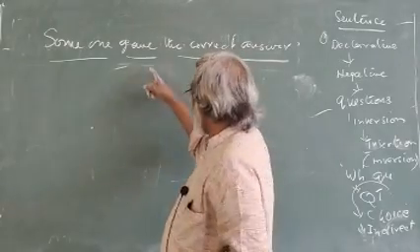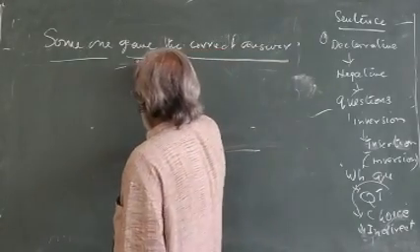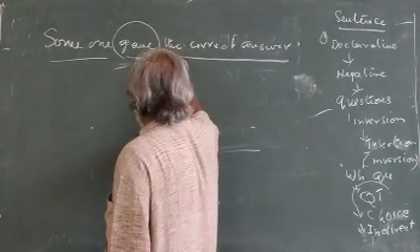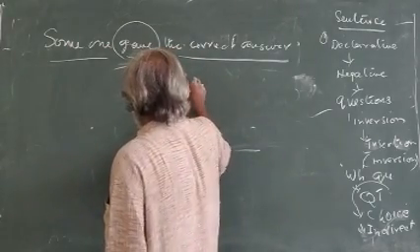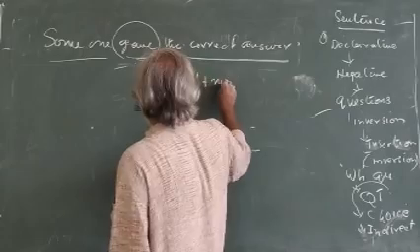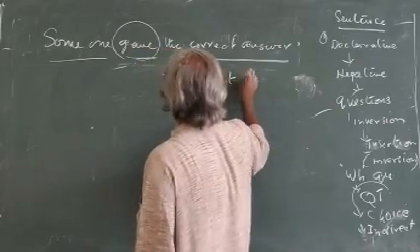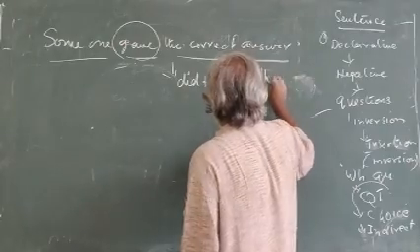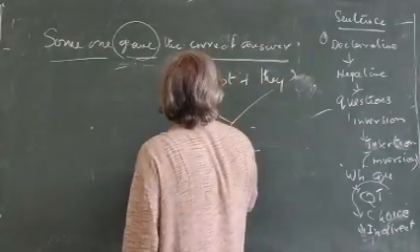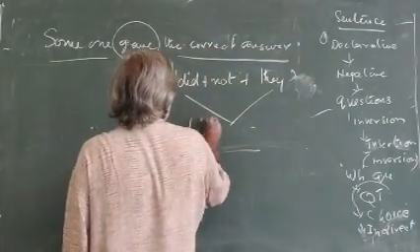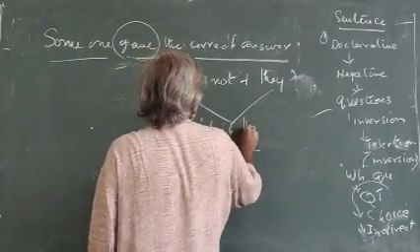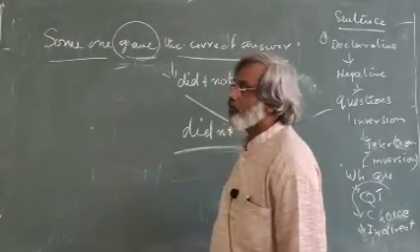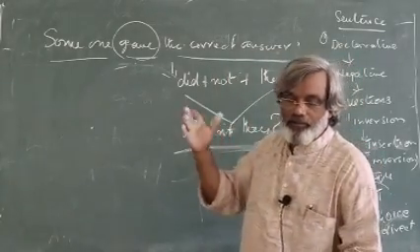So in someone gave the correct answer, the verb is V2, so we apply did plus not plus they, since someone is considered plural. The question tag will be didn't they.